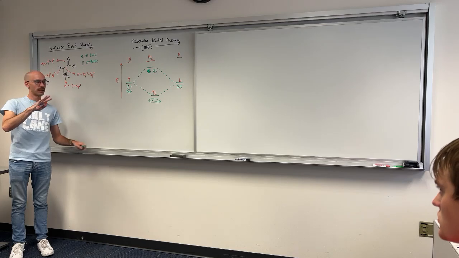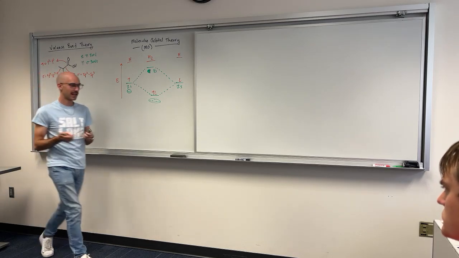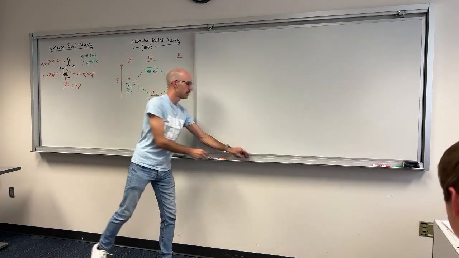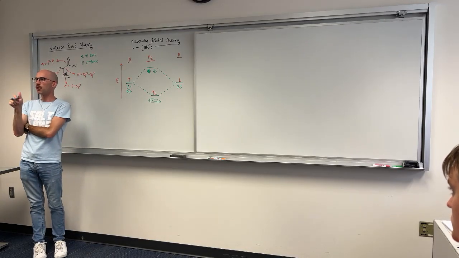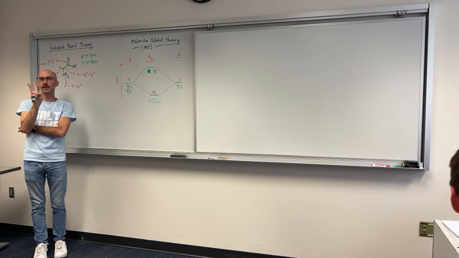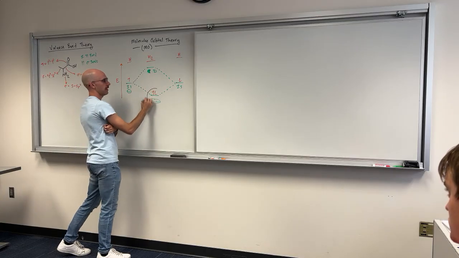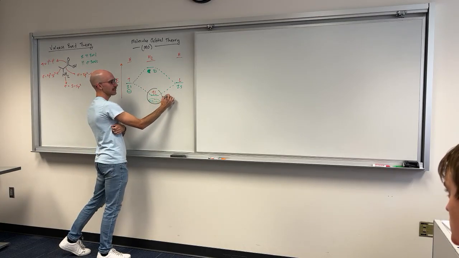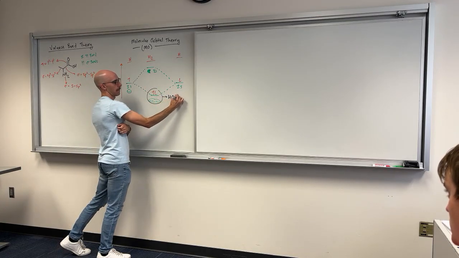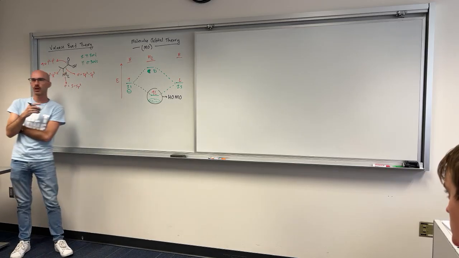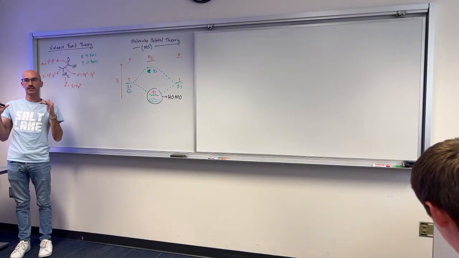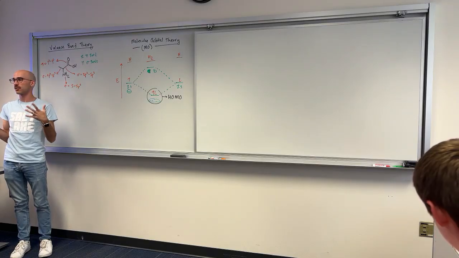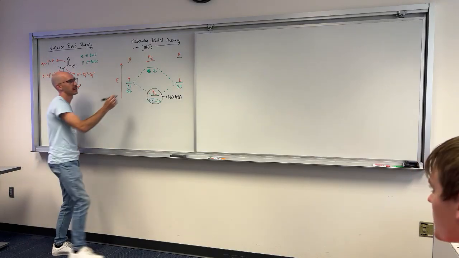A little bit of terminology about these orbitals. It's not terms that we'll see a lot, but they are useful to know. MOs come in two primary flavors. This is the highest occupied molecular orbital. We call it the HOMO. It is the highest energy orbital that has electrons in it, highest occupied.